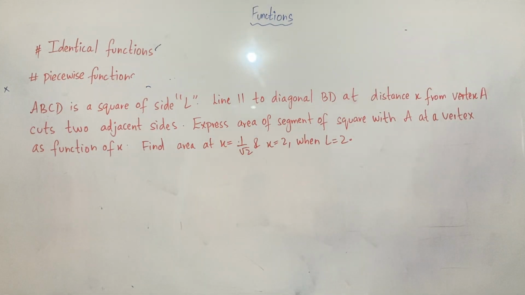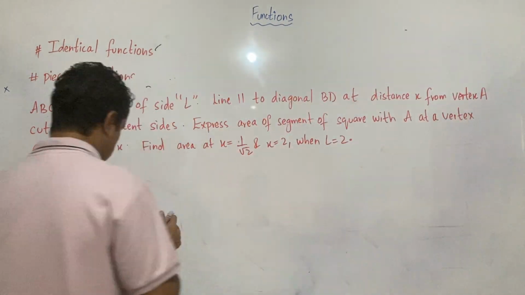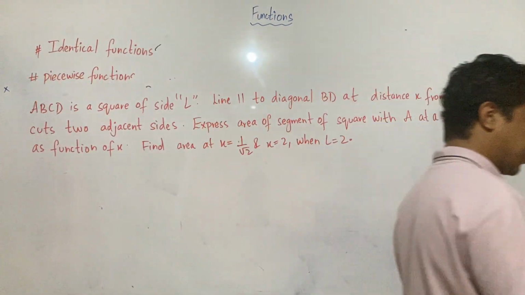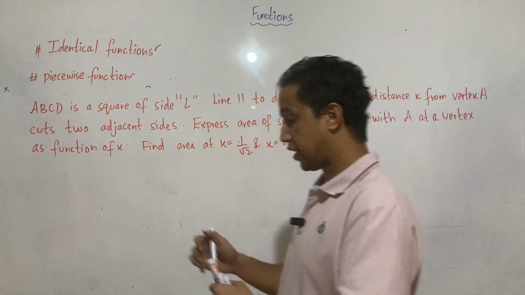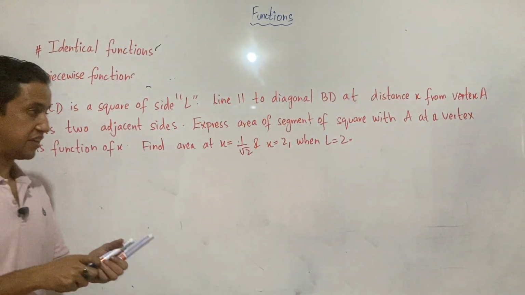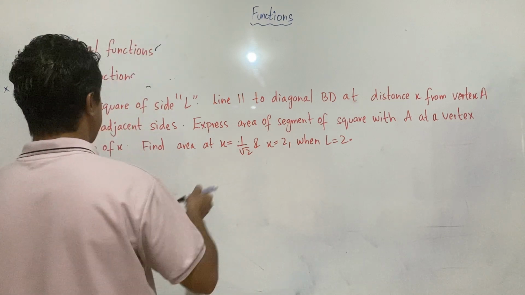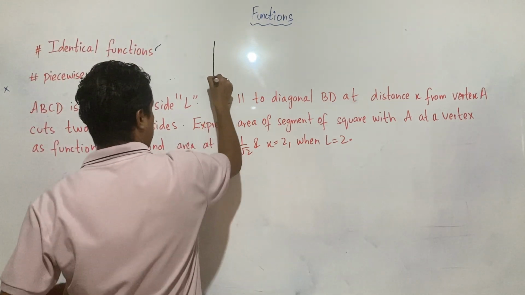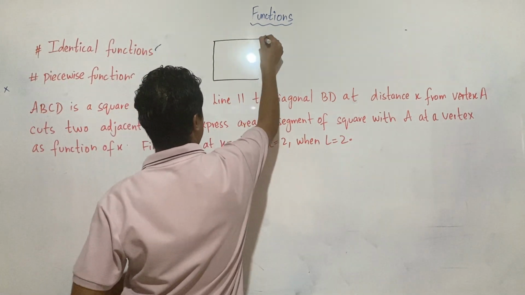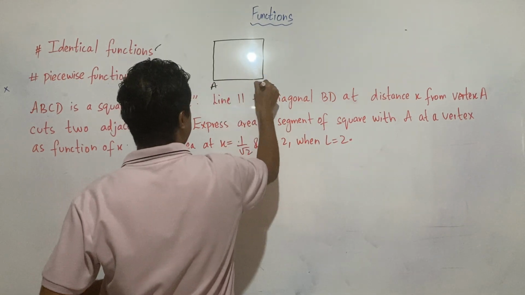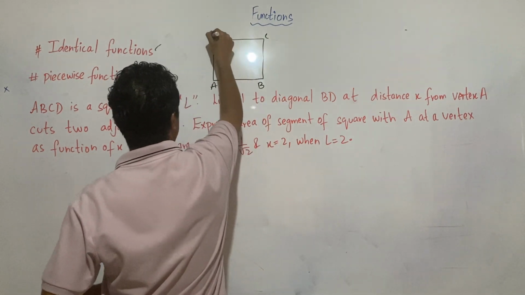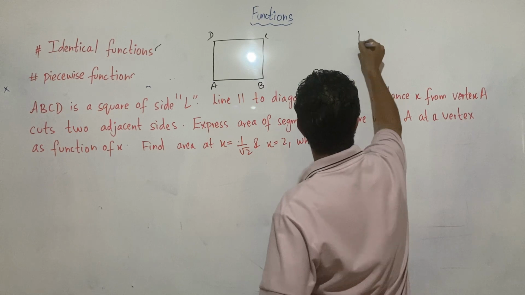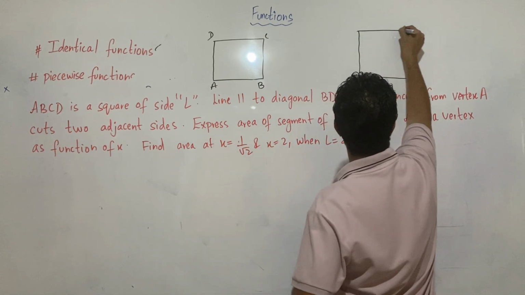Okay, now see here, this is the question, and you can relate the whole situation to the piecewise function. How? See here, it says that ABCD is a square. Okay, this is a square, A, B, C, D. I'm making two squares here because it's going to be a piecewise function.